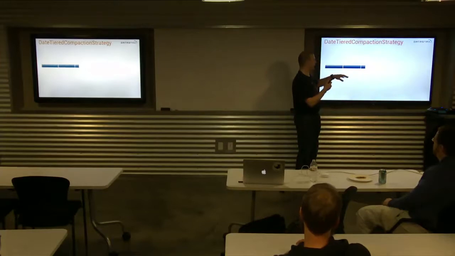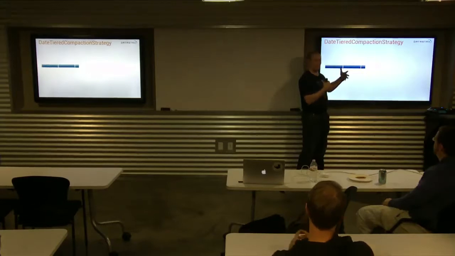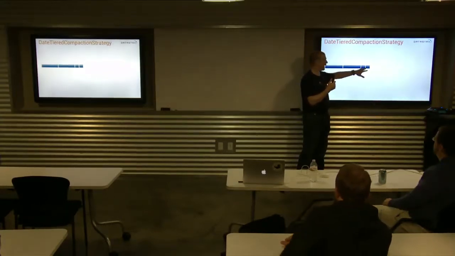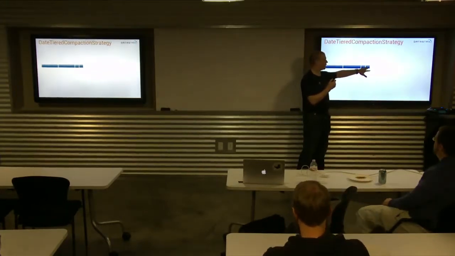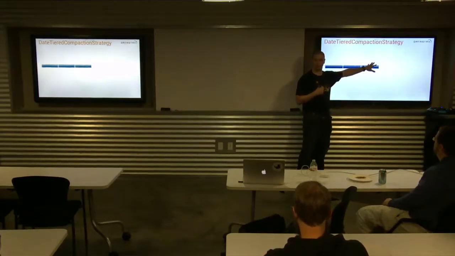But what really happens is, if I have a new SS table come in, in that same time window, I'll compact those two together. Then a third one comes. I'll compact that together with the first two. Fourth one, compact that together with the ones in the window, and so forth, right? So I'm oversimplifying here just a little bit for the sake of the diagram.